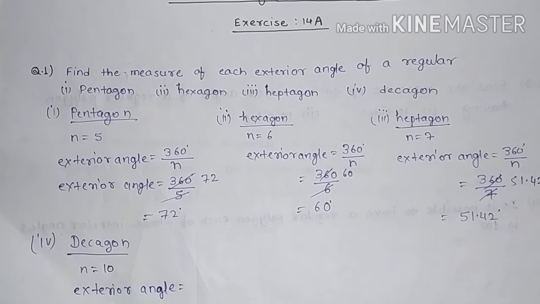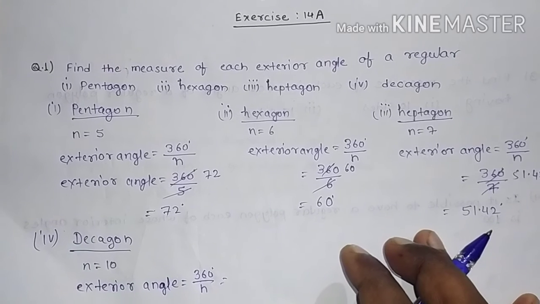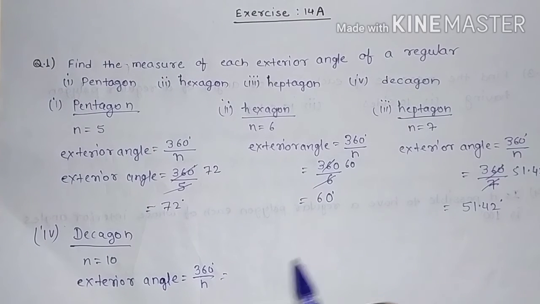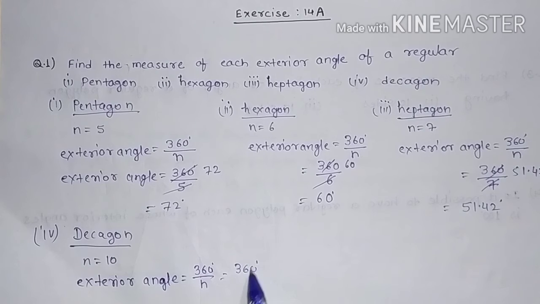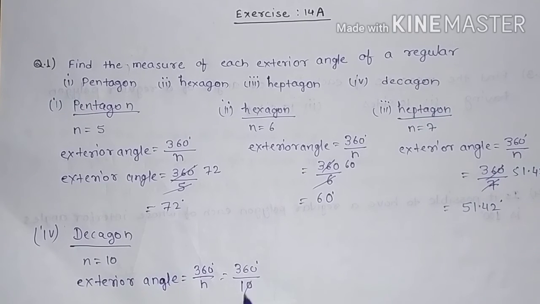The formula of the exterior angle equals 360 divided by n, where n is the number of sides. Put the value: 360 degrees, and n is 10. The zeros cancel out, and this is 36 degrees. Each exterior angle of a decagon is 36 degrees.